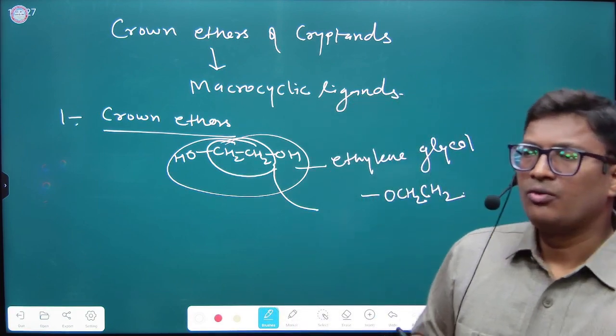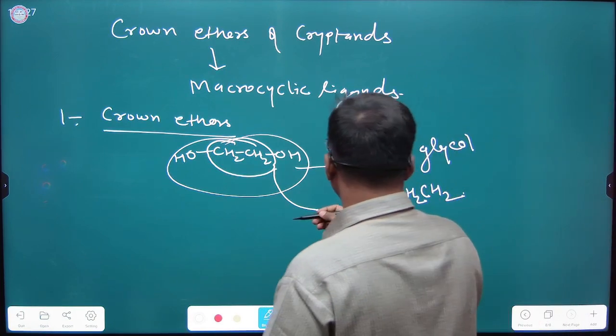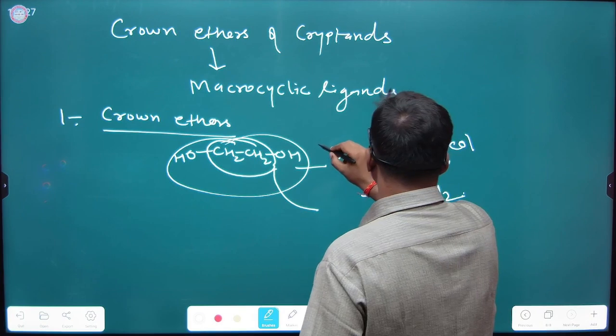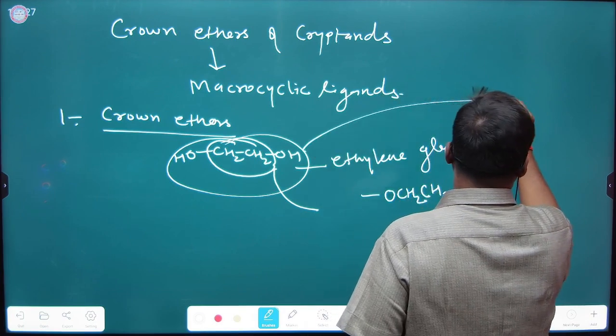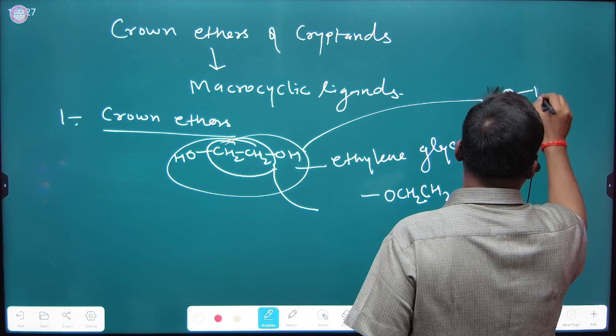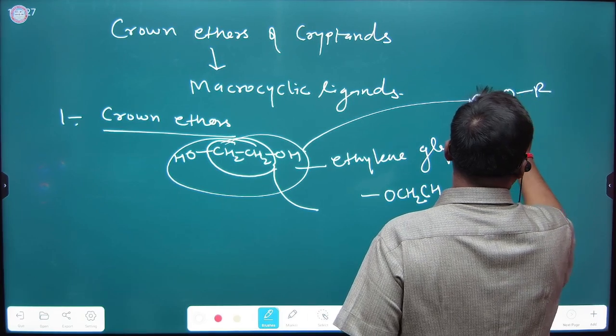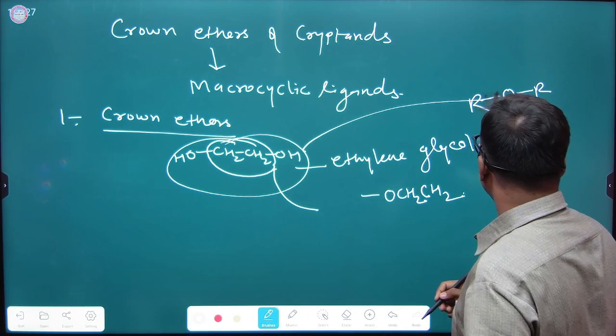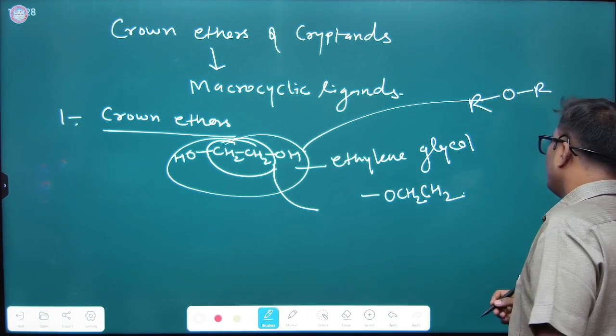So once it forms an ether group, OR R, such a type of structure is called an ether group, right?